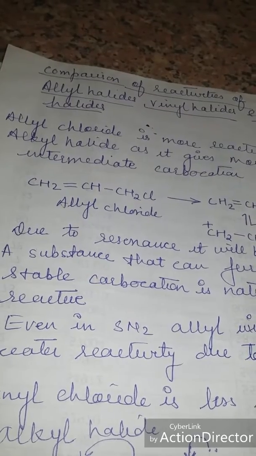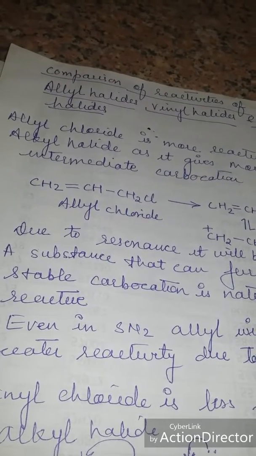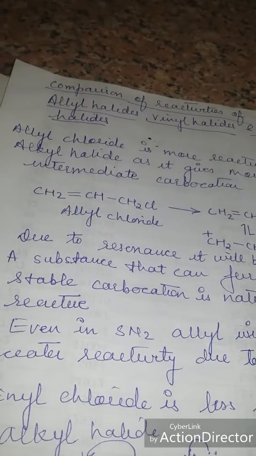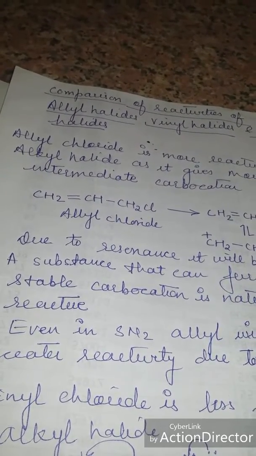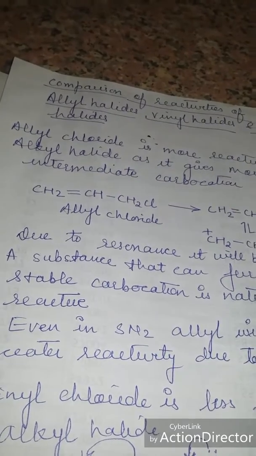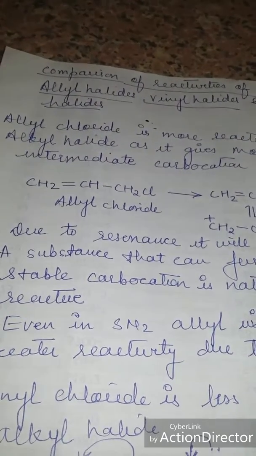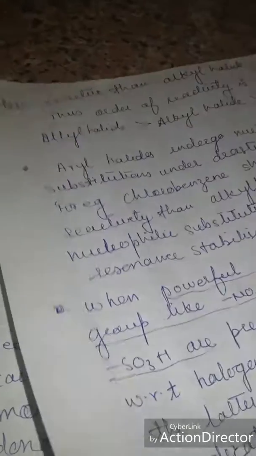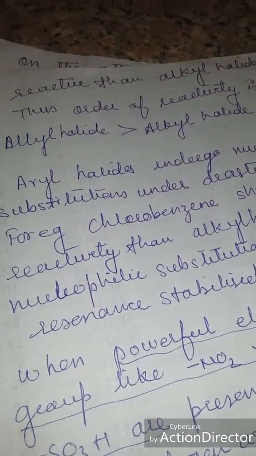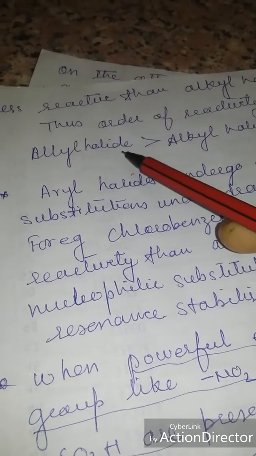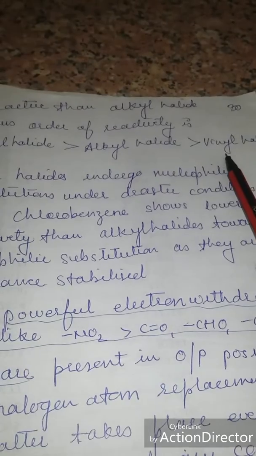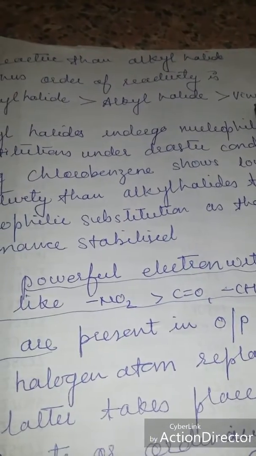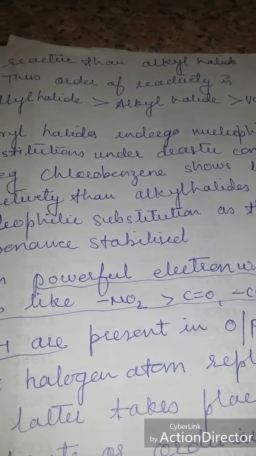And vinyl chloride is less reactive because due to resonance, in this case, a double bond is formed between C and Cl, so it will be very difficult to break this bond. So when we compare the reactivity, the order will be aryl halides are more reactive than alkyl halide, and they are more reactive than vinyl. In vinyl, due to double bond formation, they show least reactivity.